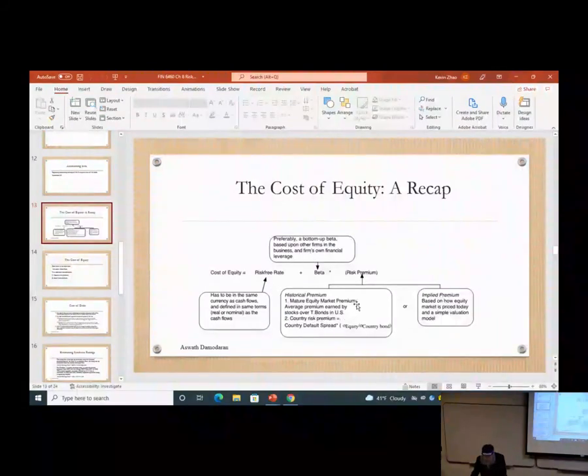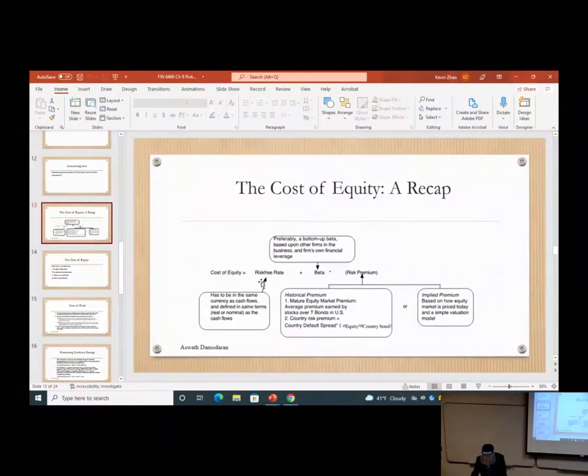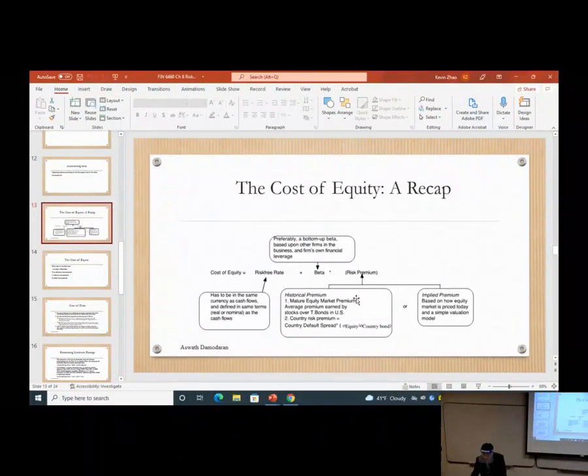We have 7 tools here, 2 major approaches: the historic approach and the implied market risk premium approach. And for beta, we have regression beta, bottom-up beta, considering operating leverage, financial leverage, and business mix. And sometimes we may use accounting beta as a double check.